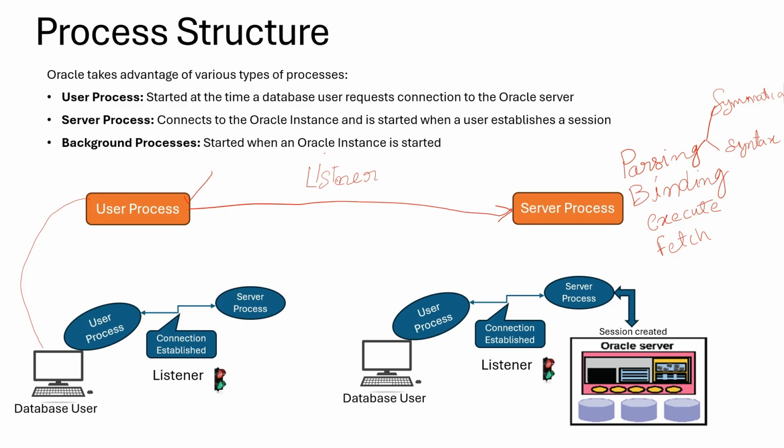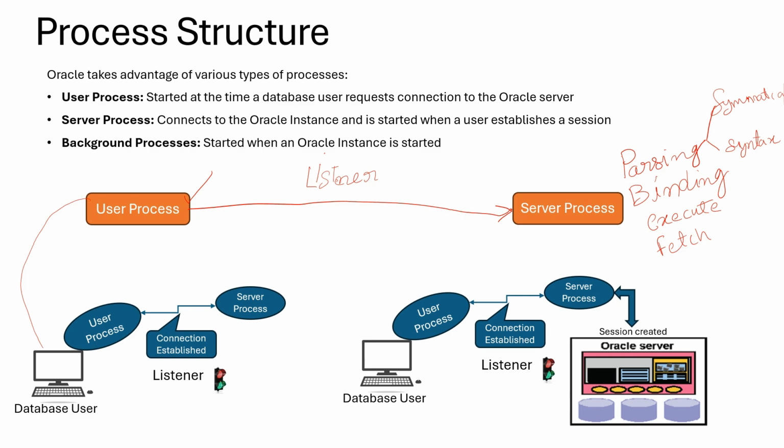The server accesses the required data blocks. It will get all the data blocks from the data files to the buffer cache, and from there it will get the information to the server process.